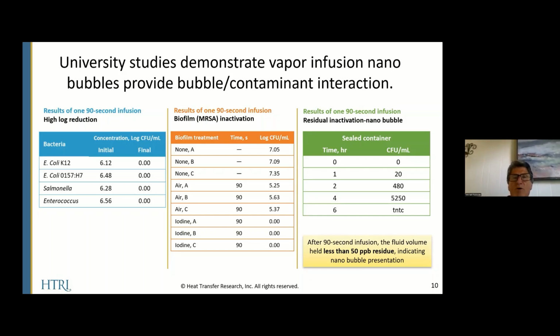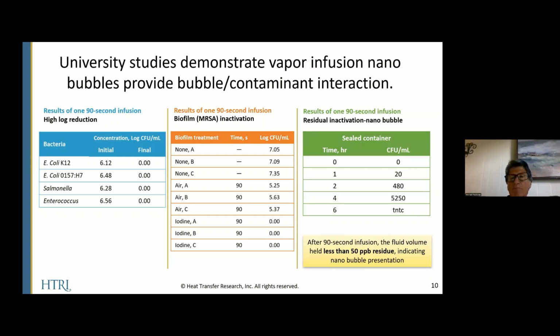The thing is, in both of these applications, when they looked at the total iodine within that fluid volume, there was less than 50 parts per billion. So it wasn't an aqueous presentation of iodine that was inactivating the microbes. Instead, it was the interaction between the iodine bubble and the contaminant itself.